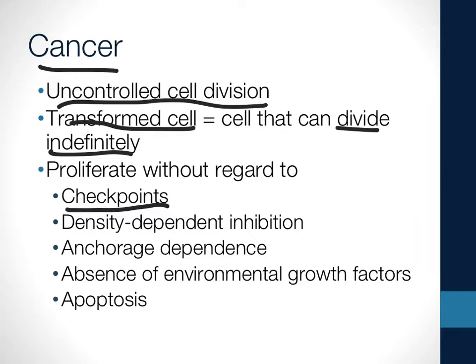They don't follow density-dependent inhibition. They don't follow anchorage dependence. They don't need growth factors to grow, and they do not undergo apoptosis. So they have mutations where the checkpoints are either not working properly or they're not able to recognize these external factors that usually regulate division, and we get uncontrolled cell growth.